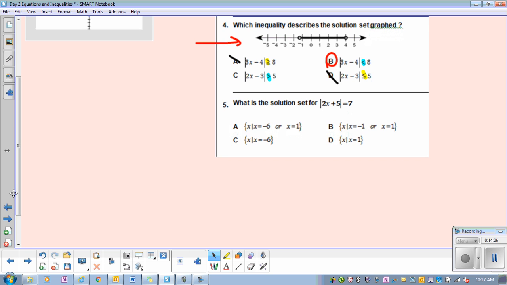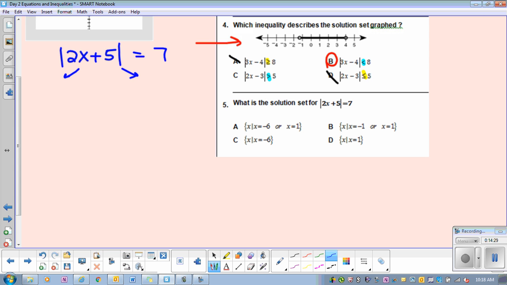So number 5, I'm going to show you the algebraic way, but you can also put this into the calculator too. All right. So just to review, what is the solution set for the absolute value of 2x plus 5 equals 7? Do we have the absolute value bars all by itself? Yes. So drop the bars, write it twice.